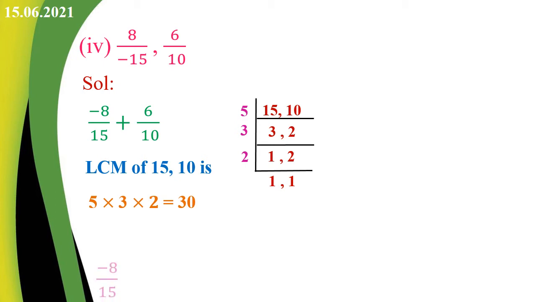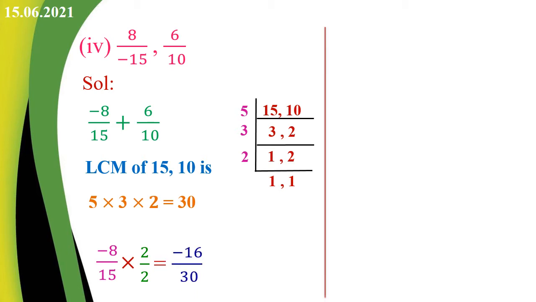LCM equal to 30. The first rational number, minus 8 by 15. On multiplying by 2, minus 8 2s are 16, minus 16, 15 2s are 30. We get minus 16 by 30. The second rational number, 6 by 10. On multiplying by 3, 6 3s are 18, 10 3s are 30.